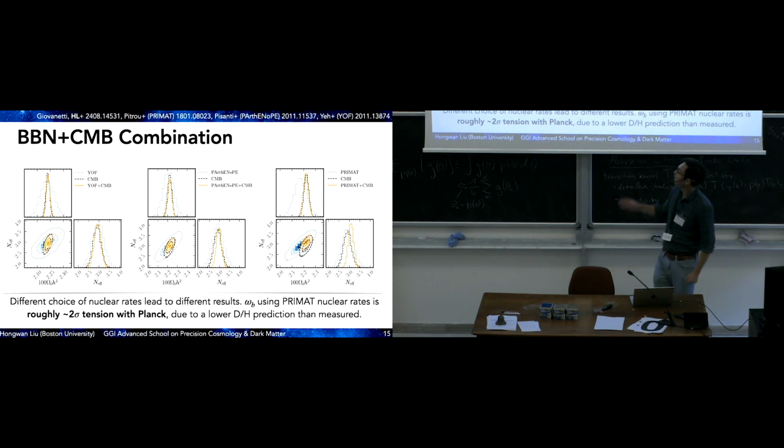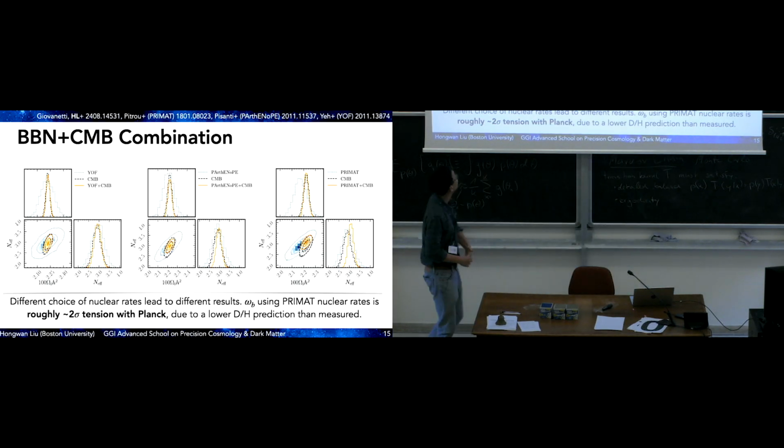And then at the end of the day, you get nice 2D posteriors of, let's say, N-effective versus omega B h squared. I've already said this, which is that omega B with Fremont is roughly in 2 sigma tension with Planck.